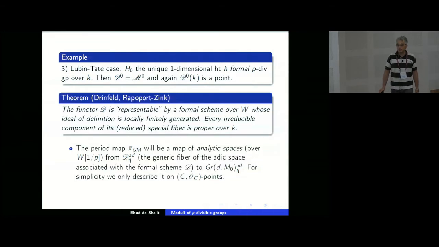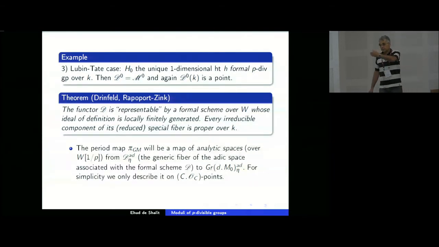And we're going to construct a period map, pi_Grothendieck-Messing, that will be a map of analytic spaces over W[1/p], or if you want, over Spa of W[1/p], in the adic language, from the generic fiber of the adic space associated with the formal scheme D, whose existence was just mentioned here. Of course, I'm not going to prove this.